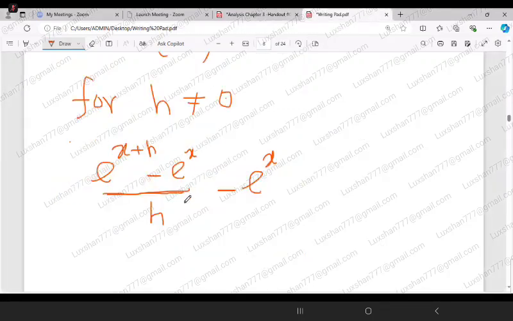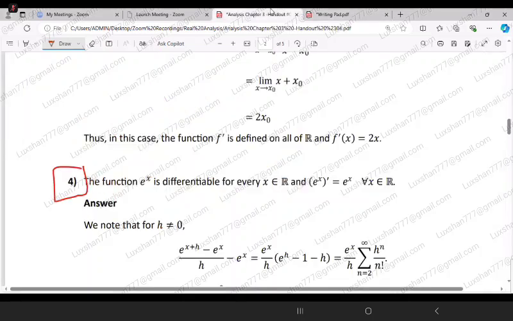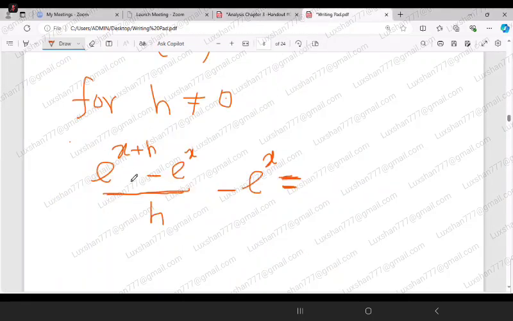Yes, okay. Can anybody tell me what is this equal to? So you can write this as e to the power x, e to the power h minus 1, minus h into e to the power x over h.